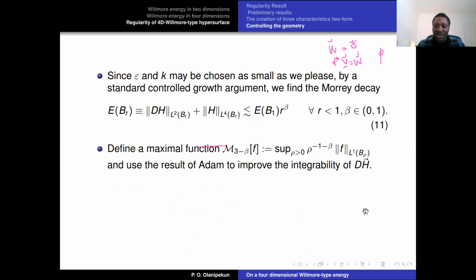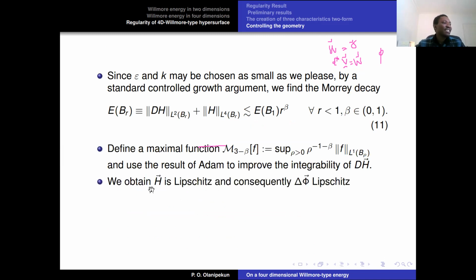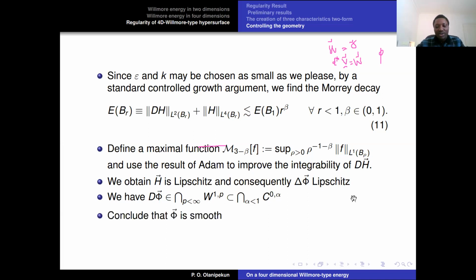We define a maximal function, and at the end we obtain that H is Lipschitz, and consequently nabla phi is Lipschitz, and phi is in this space. From there we conclude, by using Lorentz space theory, that phi is smooth.